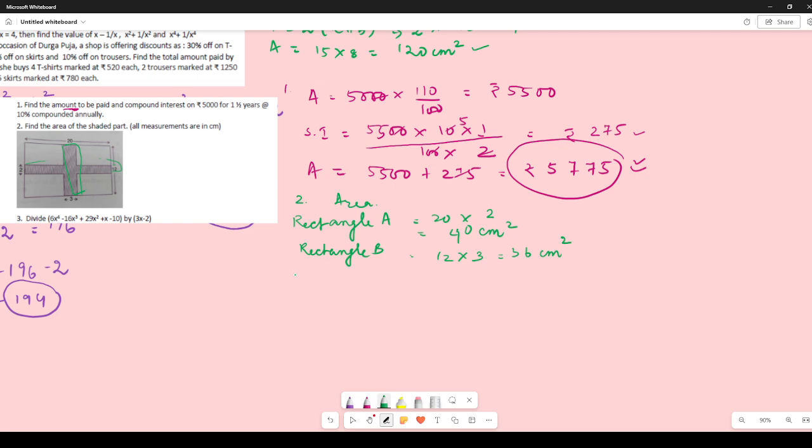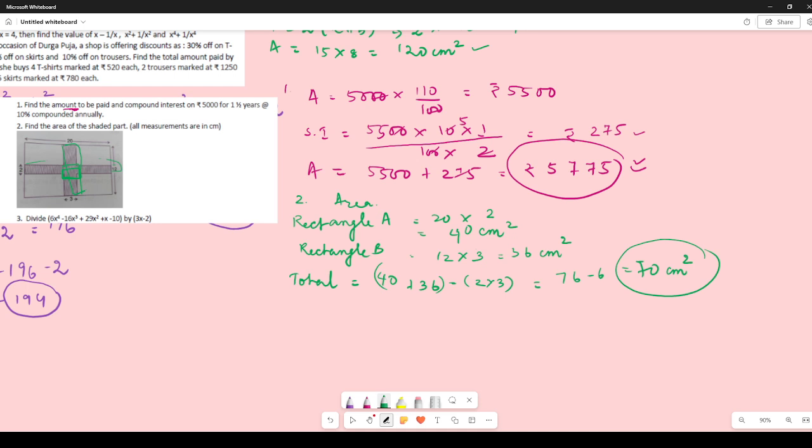Now when you add them up, total area will be equal to 40 plus 36. But remember, we have used this portion twice, so we will need to remove this portion. What do we need to remove? 2 into 3. So 40 plus 36 is 76 minus 6. So the total area becomes 70 square centimeters. So this will be your answer.